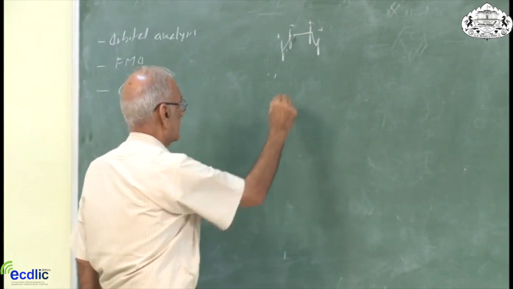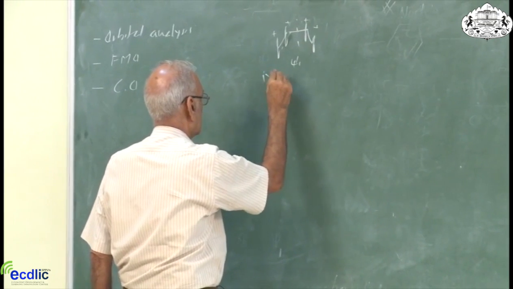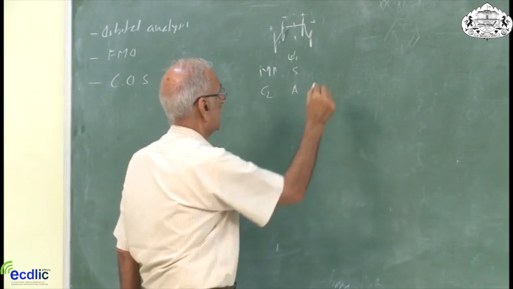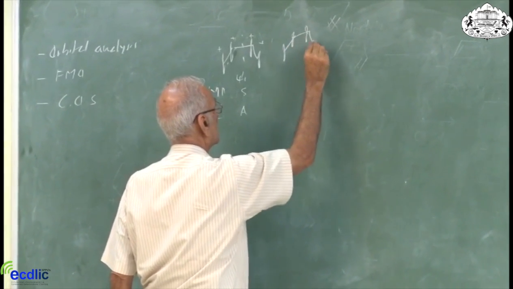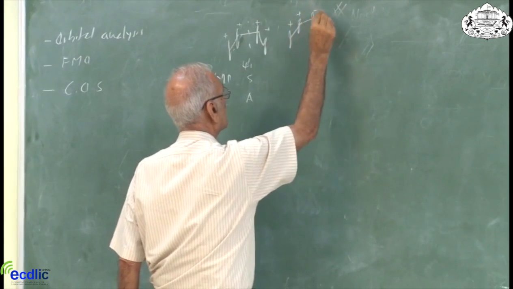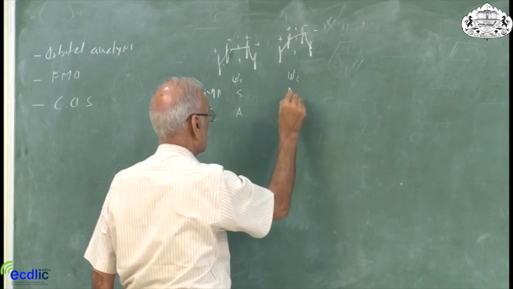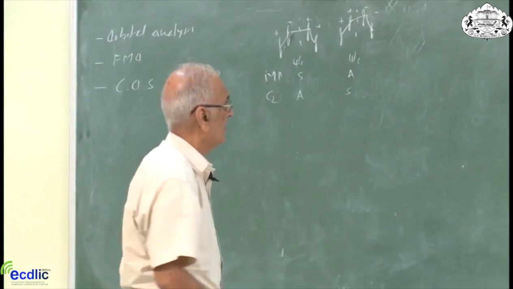That is your psi 1 orbital, mirror plane symmetric, C2 antisymmetric. Plus plus minus minus, psi 2 orbital, mirror plane antisymmetric, C2 axis symmetric.